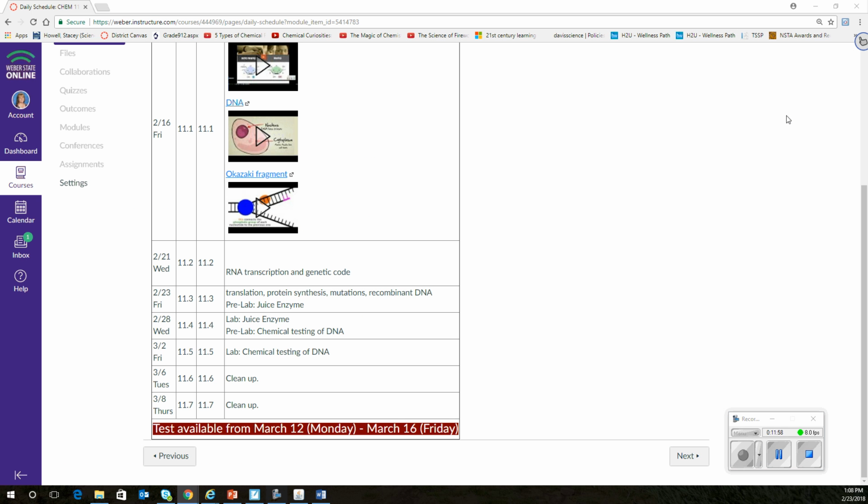Basically, what we're doing today, we finished all the lecture last time, so we are using today to get pre-labs ready. We're doing the juice enzyme, and we're doing the DNA extraction.